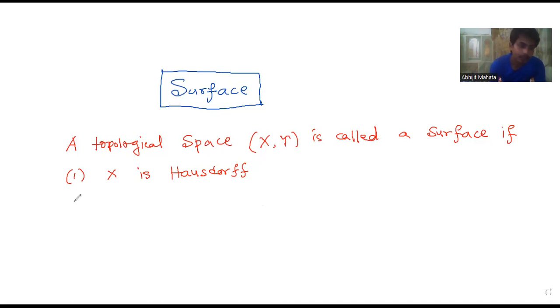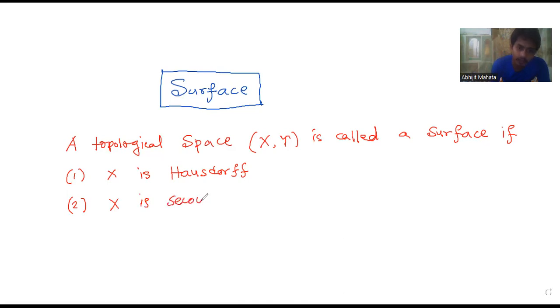And then the next condition: X is second countable. So Hausdorff implies that if the topological space X contains infinitely many points, then there are infinitely many open sets. So it is guaranteed that the number of open sets is huge. Now the second condition, X is second countable.